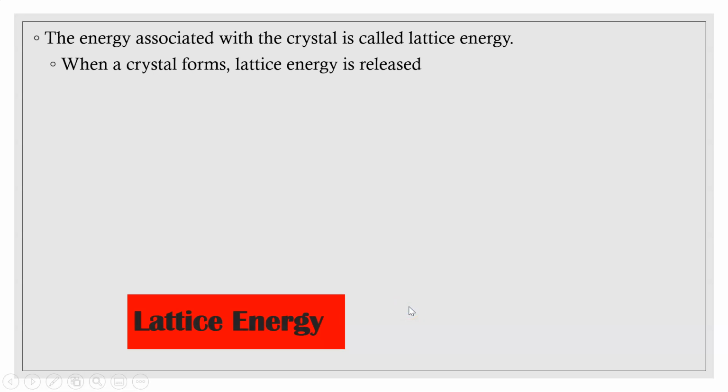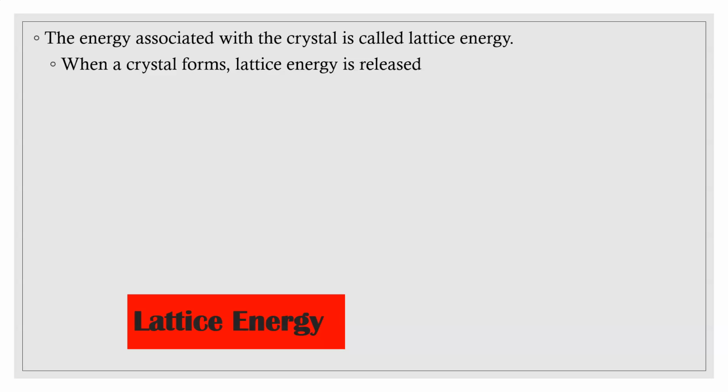So when a crystal forms, lattice energy gets released. Now think about why. When you're creating that crystal, the cations and anions are gravitating towards each other, they're attracting towards each other, they're creating this very stable, strong arrangement. So it makes sense that energy gets released because we're making something more stable.